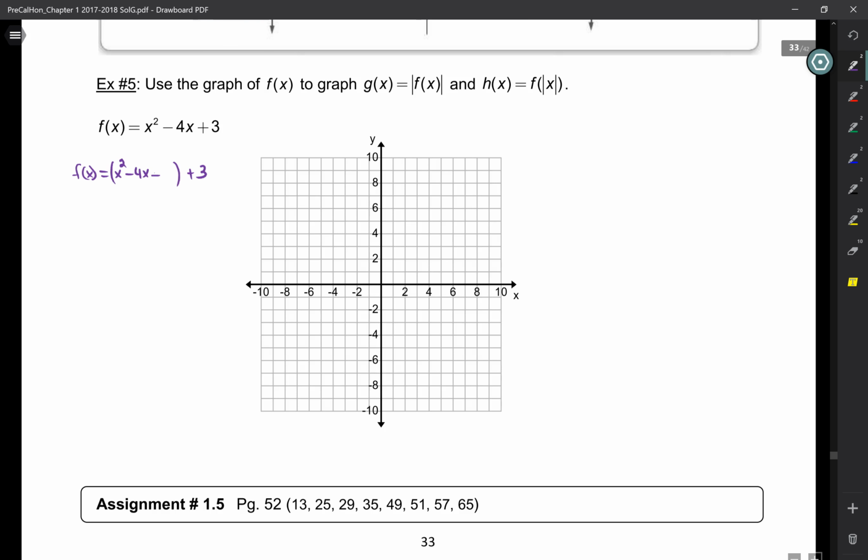So plus 4 minus 4. So this is going to be x minus 2 squared minus 1. Can you do x minus 3, x minus 1? Well, that wouldn't give it to you in vertex form. That would just factor this and you would find the zeros. But I want to put it in vertex form. So this tells me that there is a vertex at 2 and minus 1.